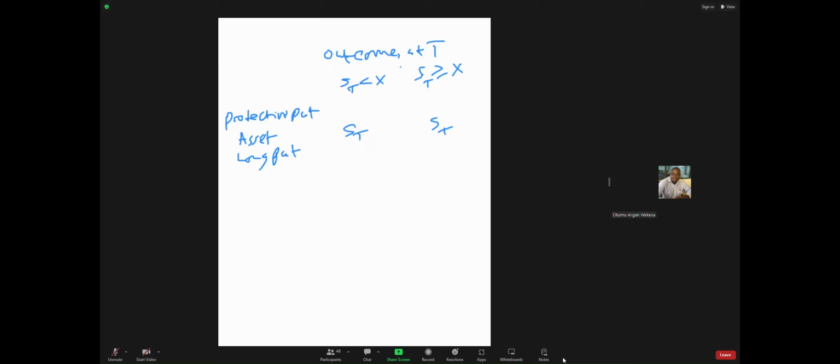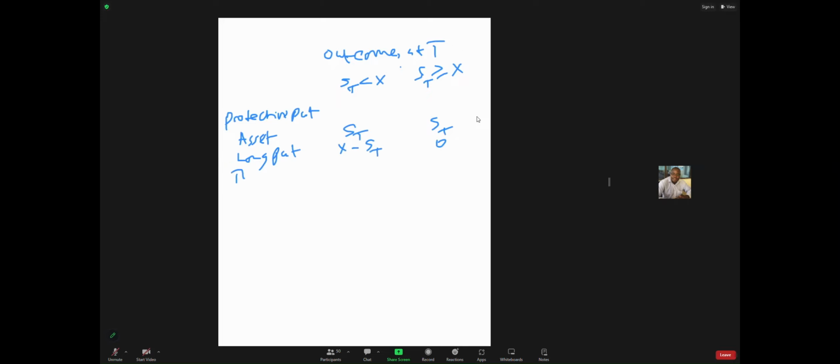The long put, when ST is less than X, then the put will be X minus ST. And here it will be 0.